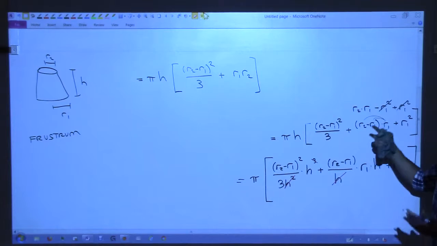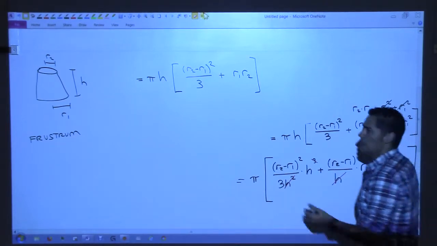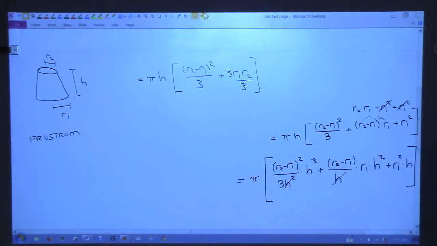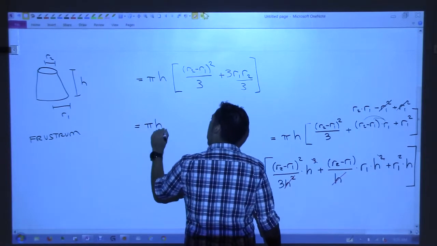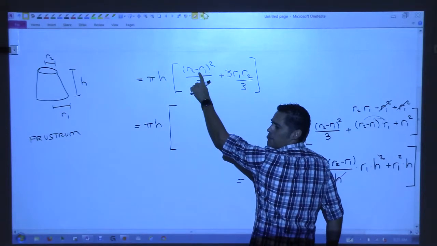And now to put those two together, to combine them, I'm going to need a common denominator, aren't I? So I'm going to make this over 3 and put a 3 in front of that. And so I get pi h, and then I think we can't avoid it anymore. We have to square that.